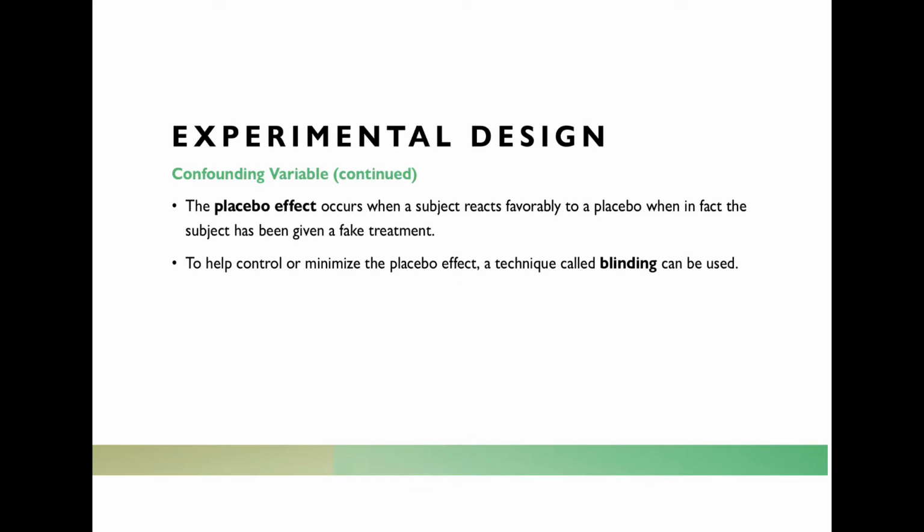We mentioned earlier that a placebo effect is a real thing. It occurs when a subject reacts favorably to a placebo when, in fact, the subject has just been given a fake treatment. So that can take on many different looks.